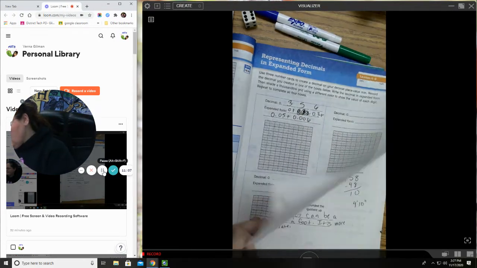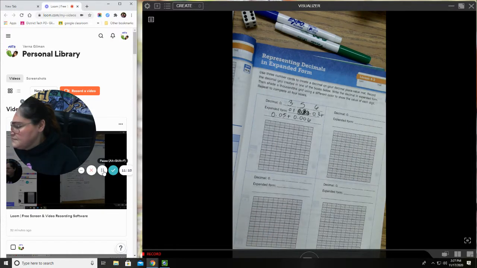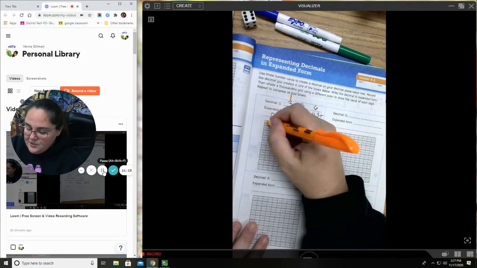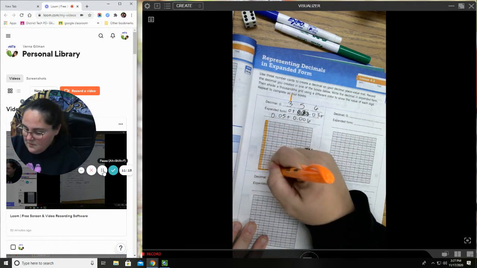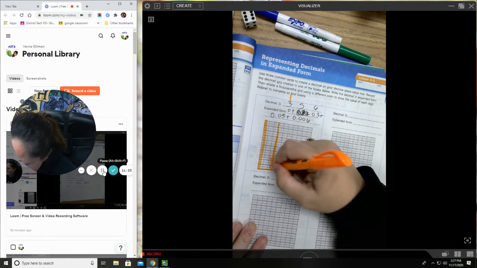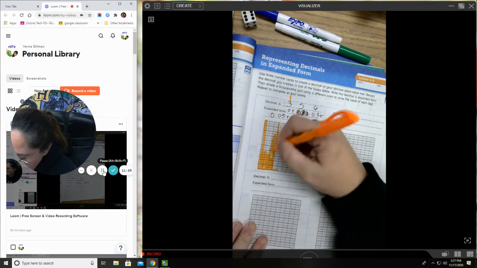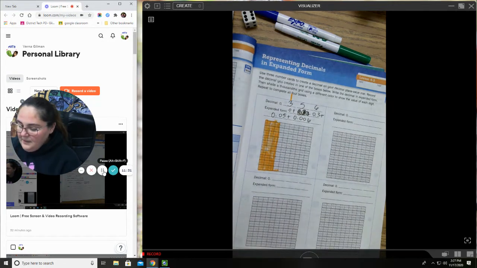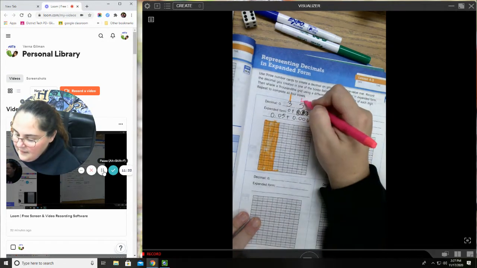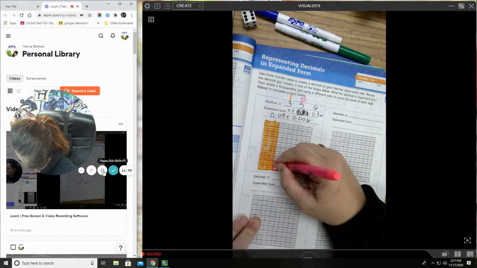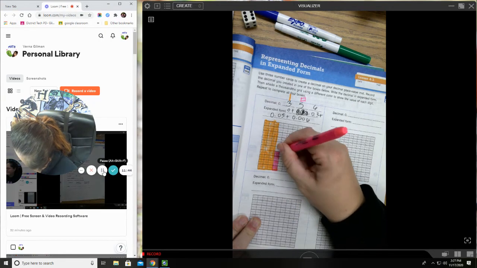Here we go. 3. I'm going to do my tenths in orange. Oops, there we go. 3 tenths. I'm going to do my hundredths in pink. 1, 2, 3, 4, and 5.